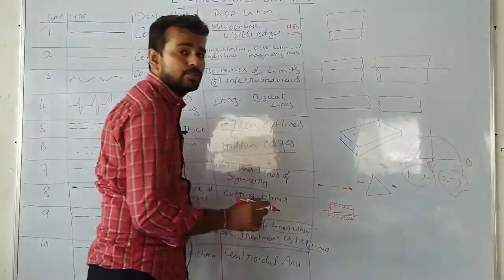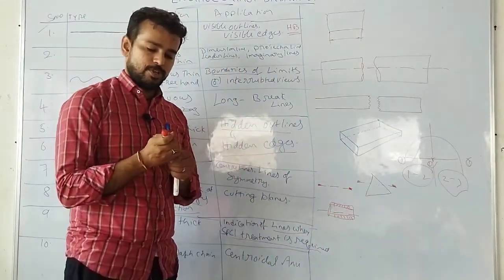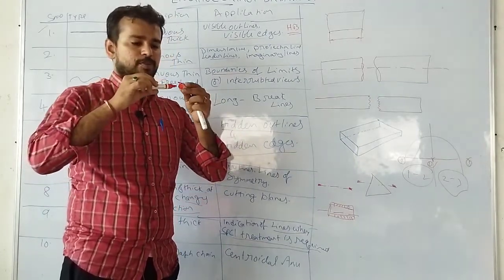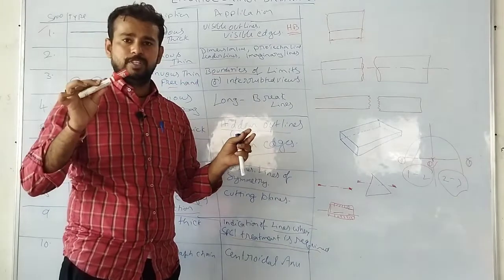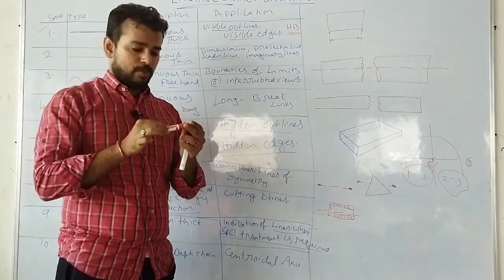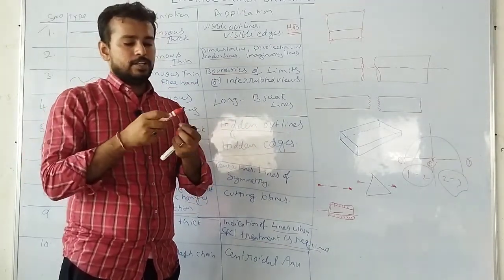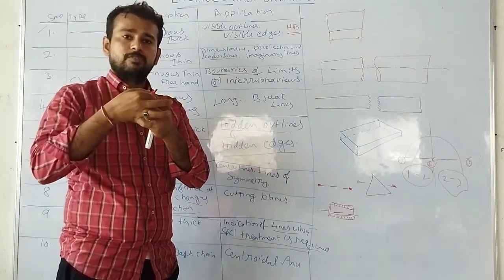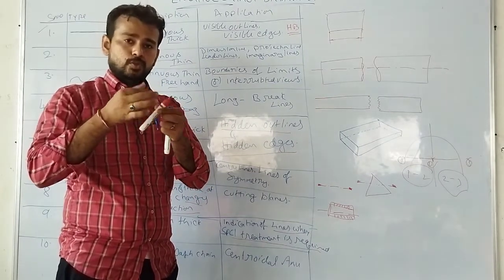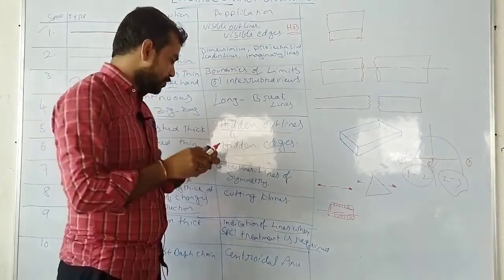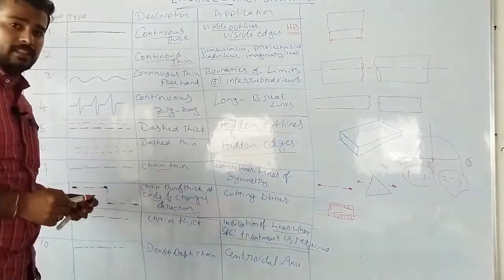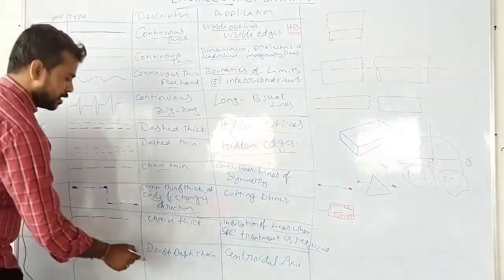Just take this cap and this pen, and it should be fitted here. For that purpose, they might have some surface roughness here. To indicate that surface roughness, they need to use the special treatment lines. Okay. So next, double dashed lines.